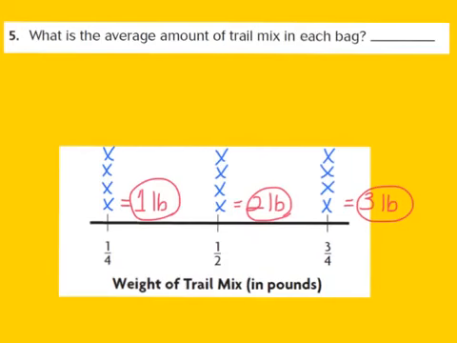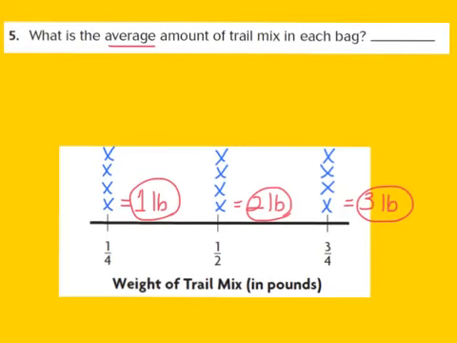Now let's take a look at question number 5. It says, what is the average amount of trail mix in each bag? Now the key word here is the word average. And in order to find the average, it simply means the middle or the mean of all of your data set. So there's a couple of steps we're going to take in order to find the average amount of trail mix in each bag.